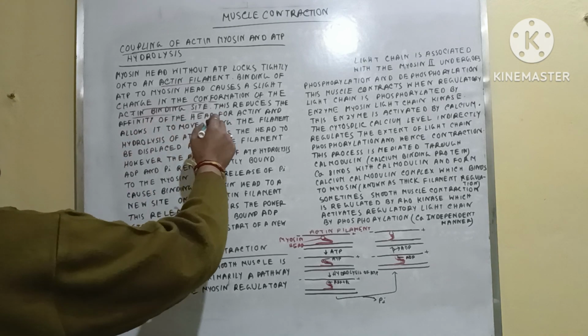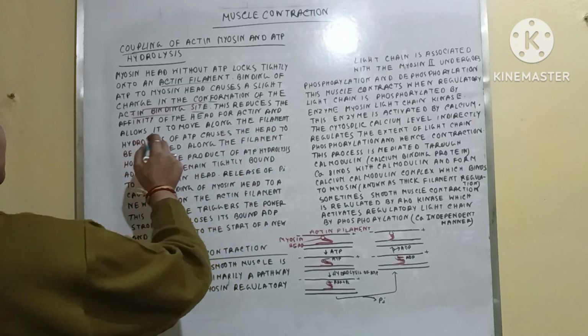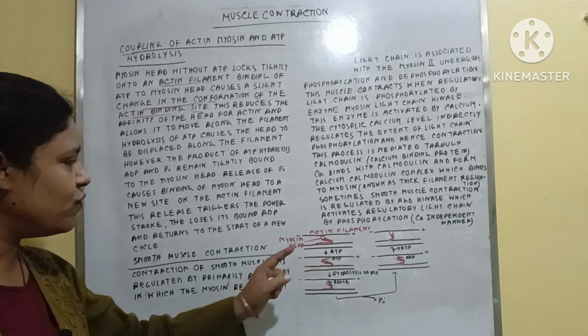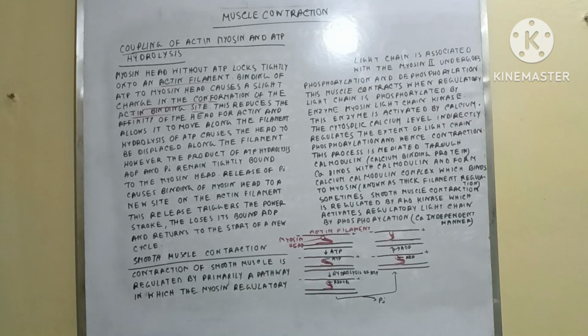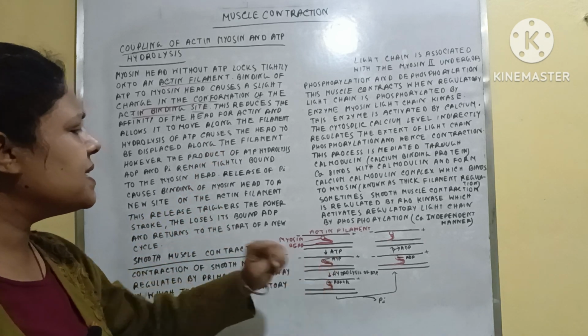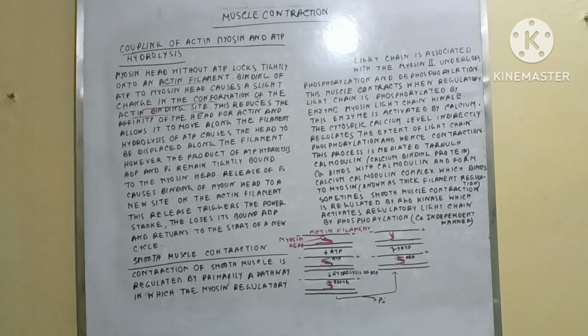This reduces the affinity of the head for actin, and it now tries to move along the filament. Okay, it tries to move along the filament, and when ATP hydrolysis occurs, it forms ADP and Pi. So what is happening?